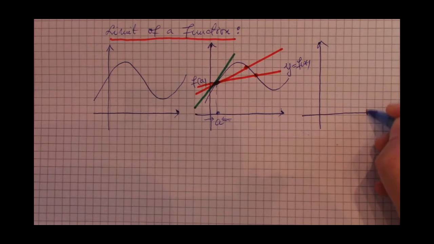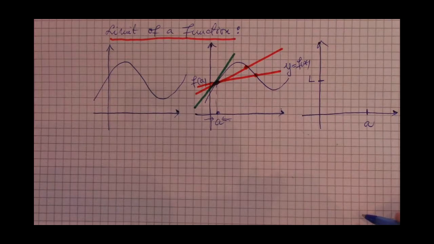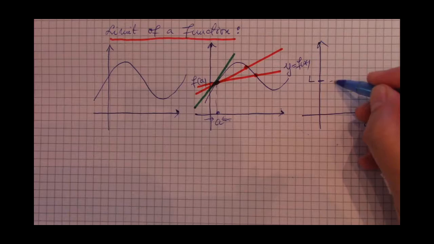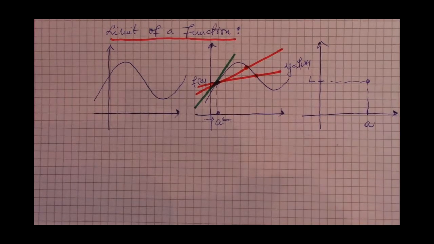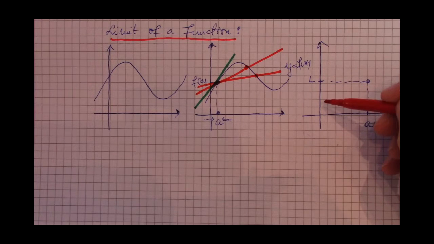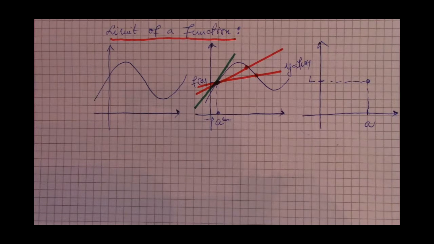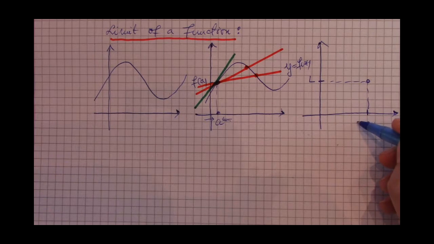Let's say we've got the point A on the x-axis and the point L on the y-axis. These two points determine a point here with coordinates A and L. Now I'm going to draw a graph of a function, and as I draw it, I'm going to point your attention towards what happens on the y-axis, because on the x-axis nothing magic happens as long as we are allowed to get close to our point A. What does it mean to be allowed?